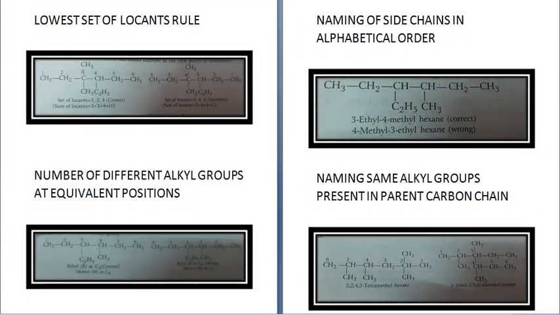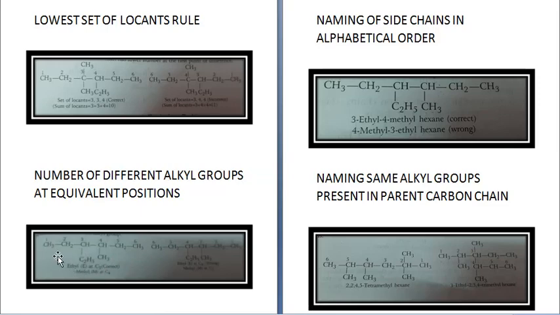Next is different alkyl groups at equivalent position. If 2 different side chains are present at equivalent positions in the parent carbon chain, then numbering is done in such a way that the side chain coming first in alphabetical order gets the lowest number. If methyl and ethyl groups are coming at the same number, see here 1, 2, 3, at the 3rd you have a methyl group, and 1, 2, 3, at the 3rd you have the ethyl group also.